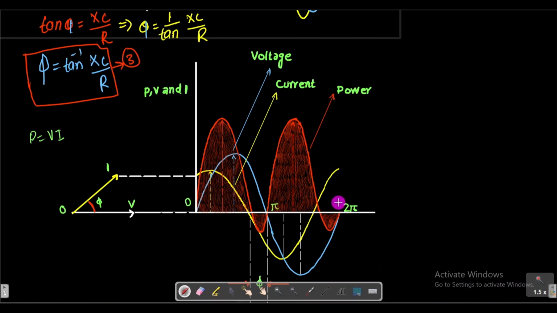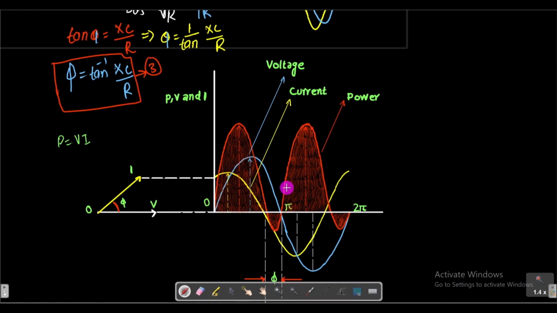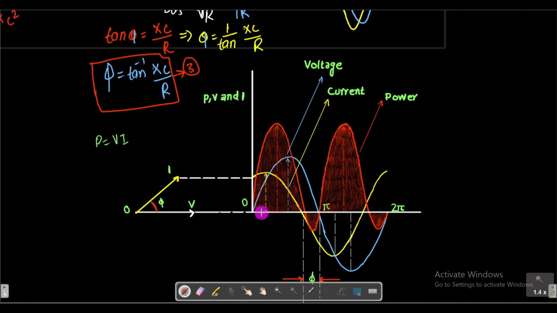If the power is positive, the power will be delivered by the source towards the RC circuit. In other words, the power is consumed, coming from the source toward the RC circuit.